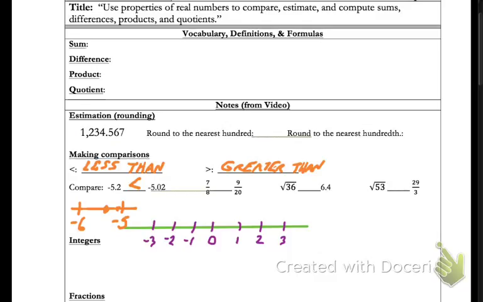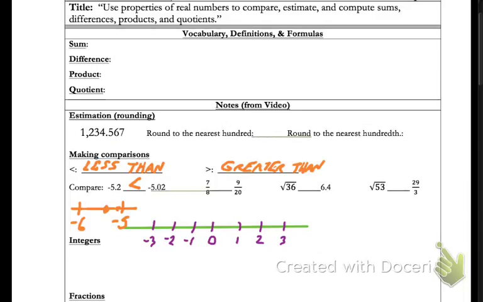What about two fractions? Well, the first fraction we have on this next problem is 7/8. The second fraction we have is 9/20. Well, if we take a look at 7/8, 7/8 is more than half, because half of 8 is 4, and 7/8 is over half.